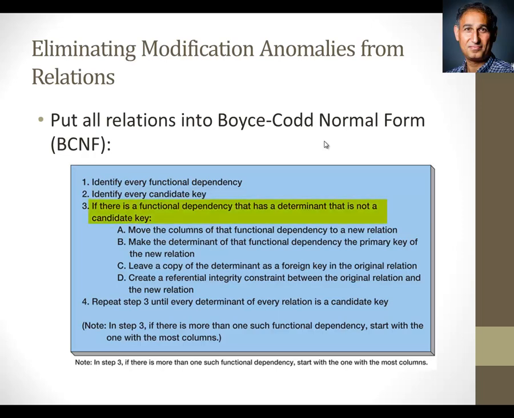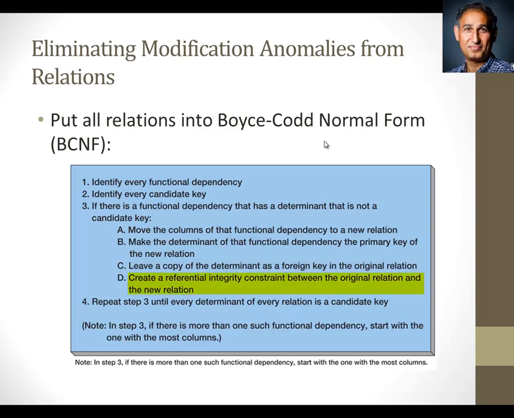Step number 3, if there is a functional dependency that has a determinant that's not a candidate key, then we need to move the columns of that functional dependency to a new relation, make the determinant of that functional dependency the primary key of the new relation, and leave a copy of the determinant as a foreign key in the original relation.